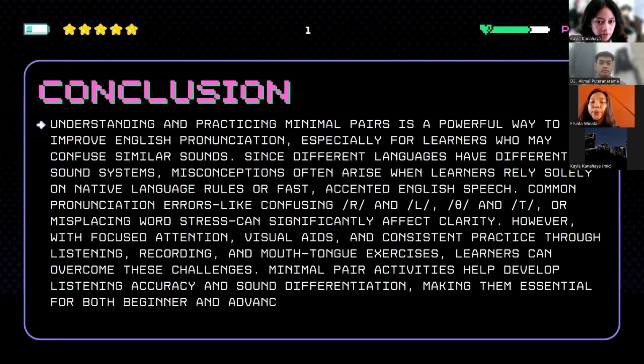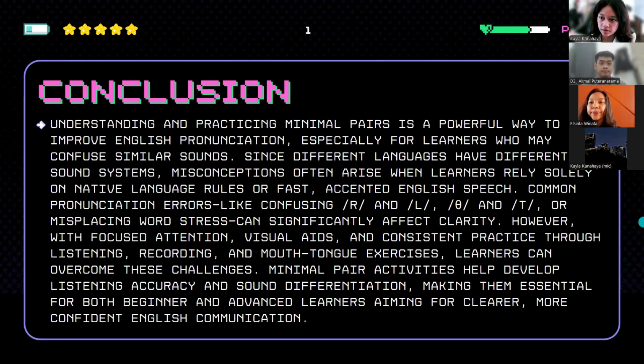Okay, thank you guys for explaining the previous materials. Now we've come to the conclusion. Understanding and practicing minimal pairs is a powerful way to improve English pronunciation, especially for learners who may confuse similar sounds. Since different languages have different sound systems, misconceptions often arise when learners rely solely on native language rules or fast, accented English speech.